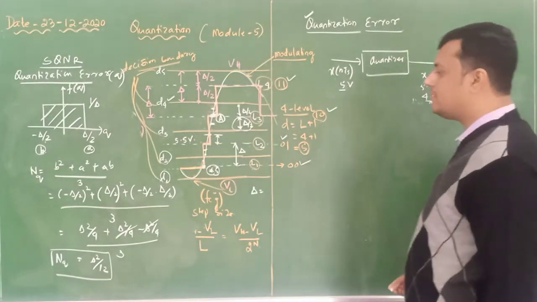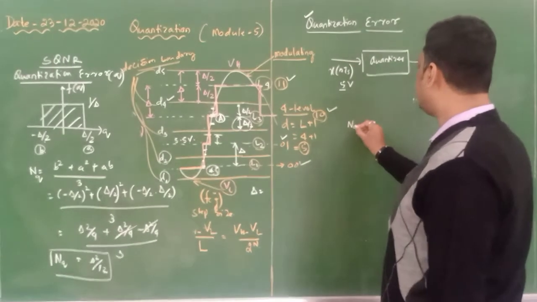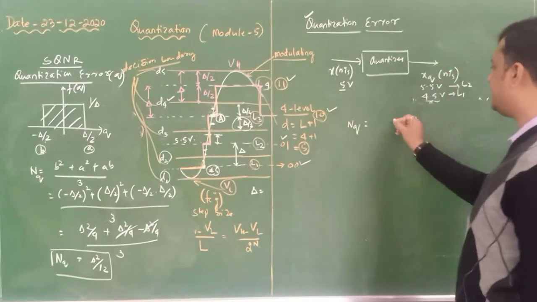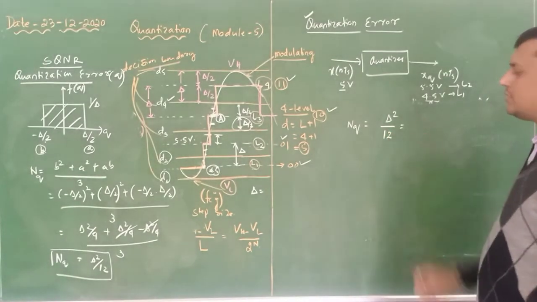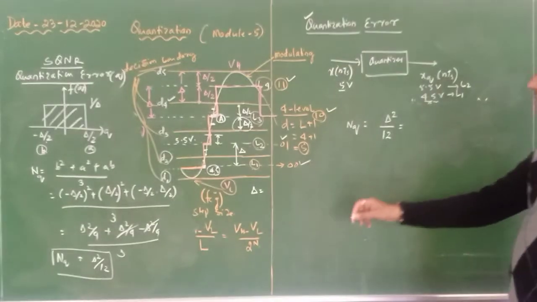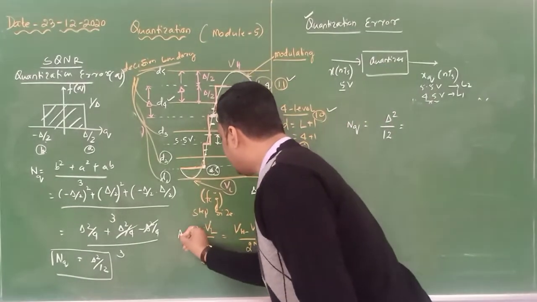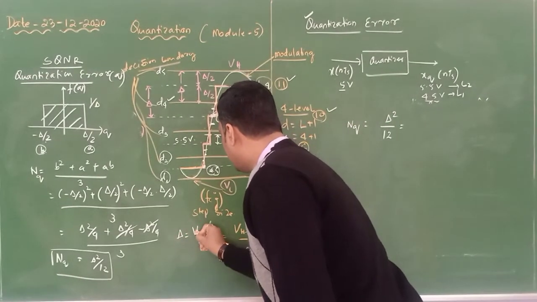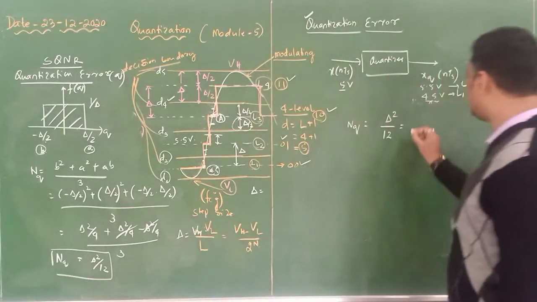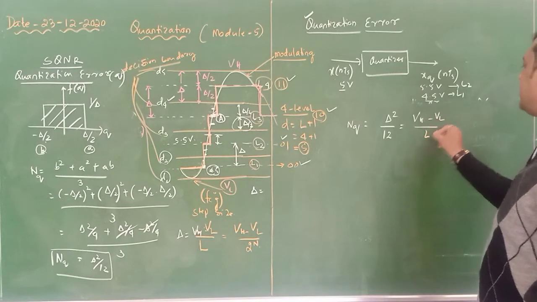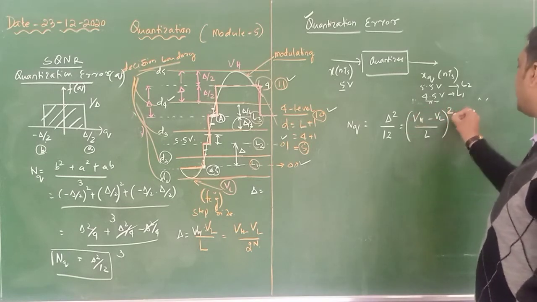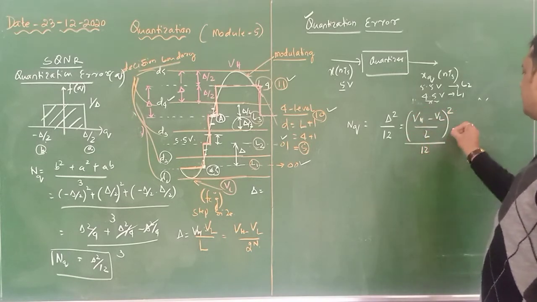Okay, so our quantization noise power is equal to delta square by 12. So what is delta? Delta is equal to (VH minus VL) divided by L, whole square, divided by 12.